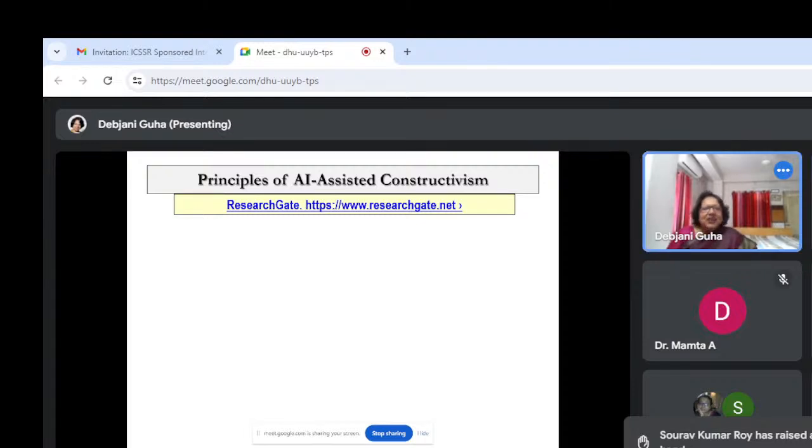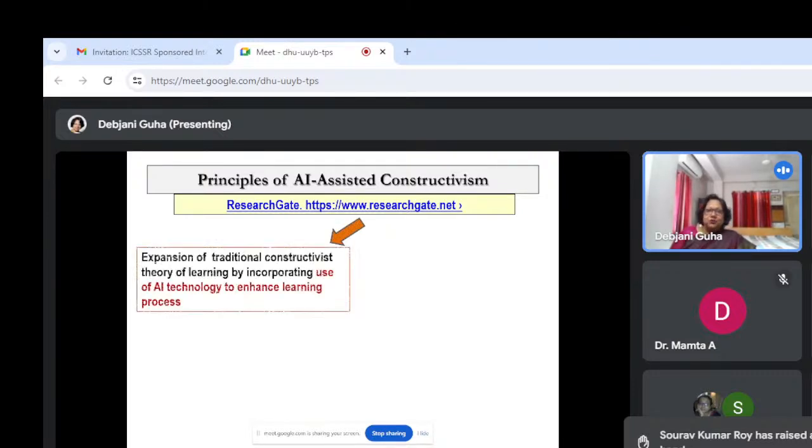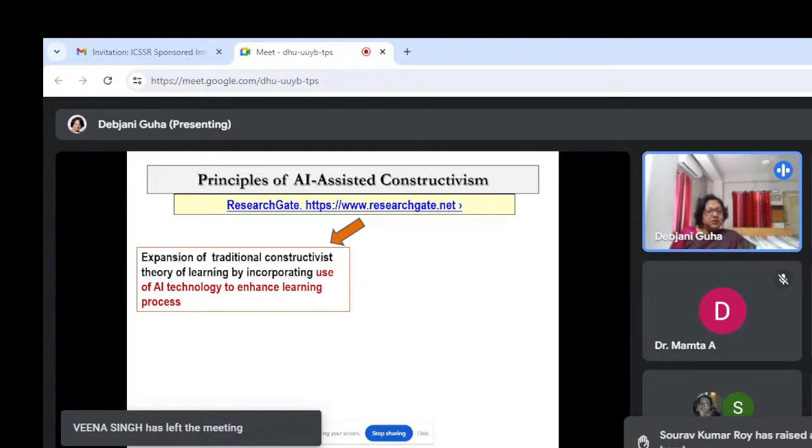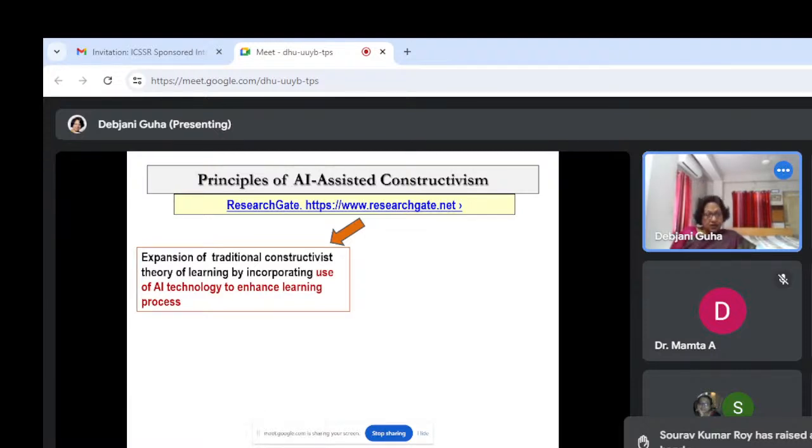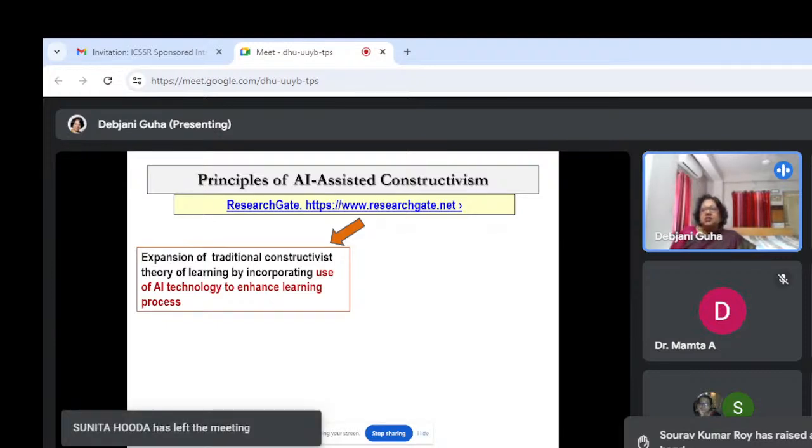Okay. And the principles of AI-assisted constructivism, the main principle is that a new theory would be developed, what will be called AI-assisted constructivist theory, which is basically an expansion of traditional constructivist theory of learning, which would incorporate the use of artificial intelligence technologies to enhance the learning process.